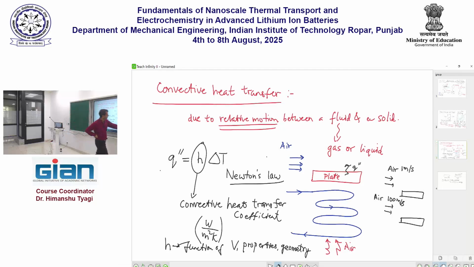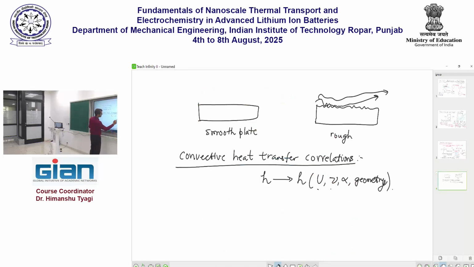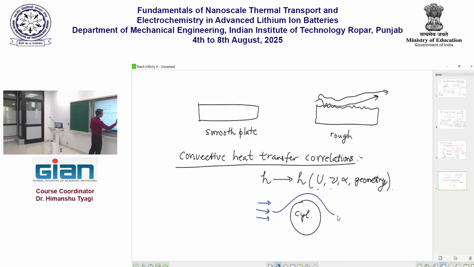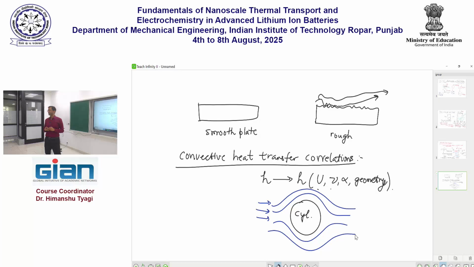For example, if your solid body is a cylinder and you have air blowing over it, so that the air will blow over the cylinder in a manner like this, then there are very well known equations that tell you the value of the convective heat transfer coefficient in terms of the diameter of this cylinder, the velocity of the air, the properties of the air, and so on and so forth.